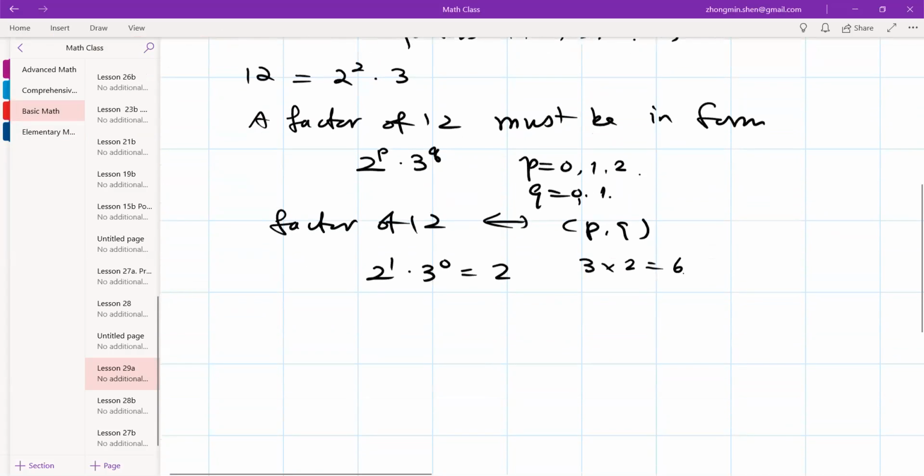All right, so 12 has 3 times 2, which is 6 factors. Exactly.